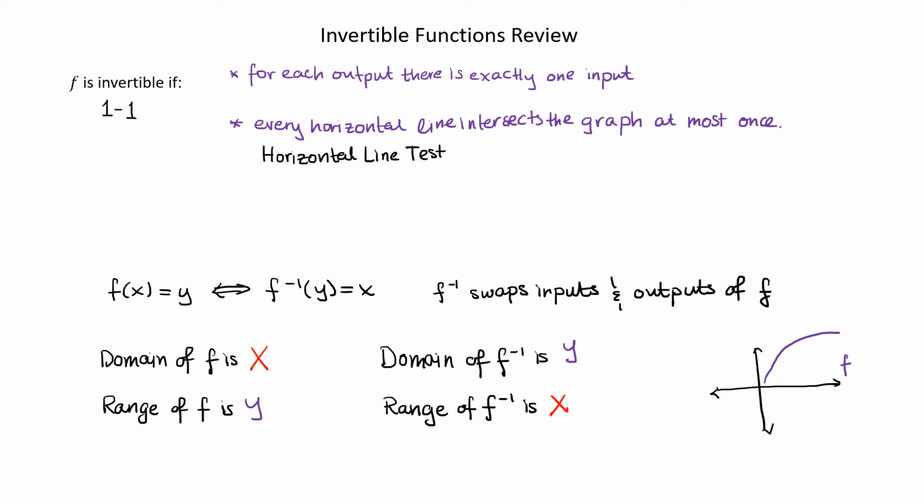So in this example, if this is our function f, if we draw in the line y equals x, we're going to reflect across this line to get the graph of f inverse. This is how we do this reflection: we take an original graph f and produce this new graph f inverse.